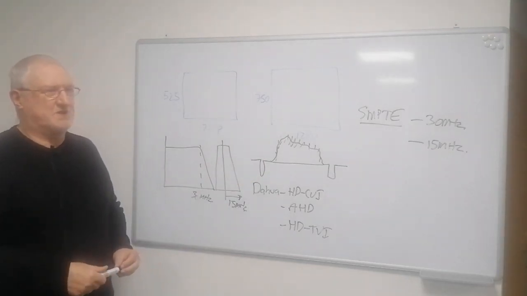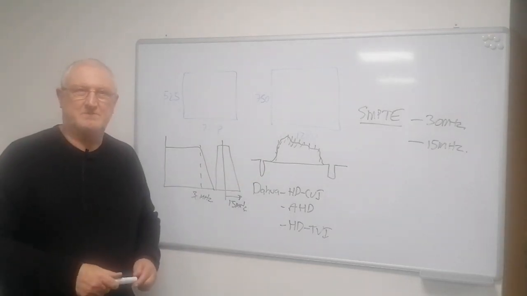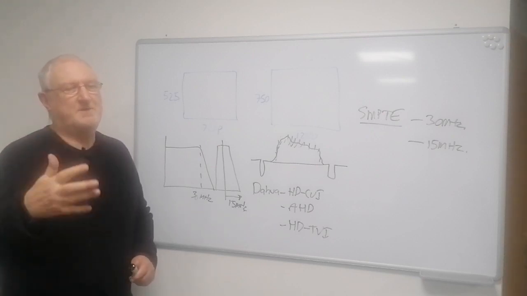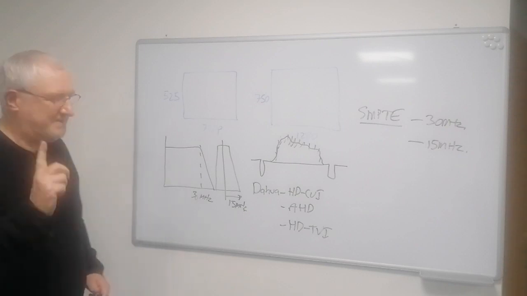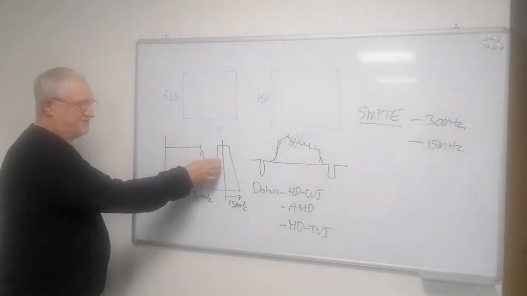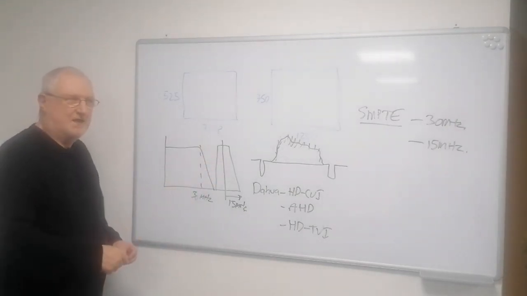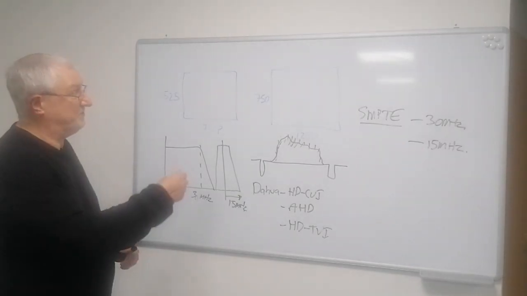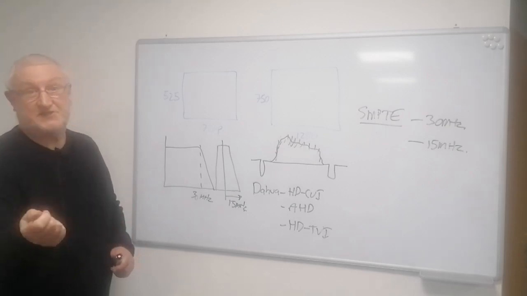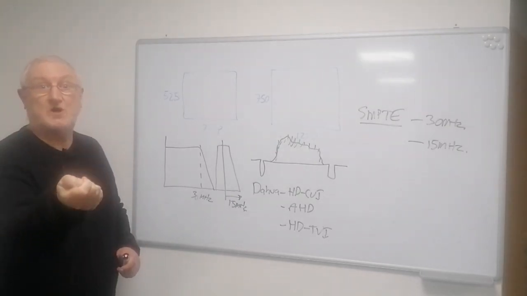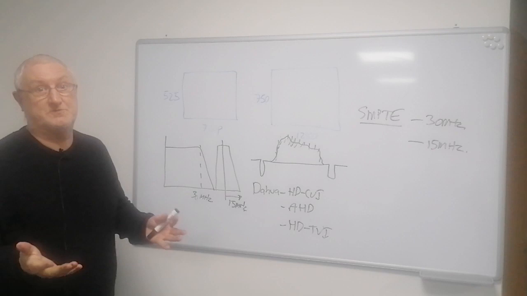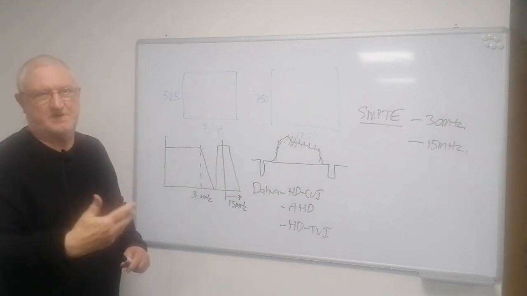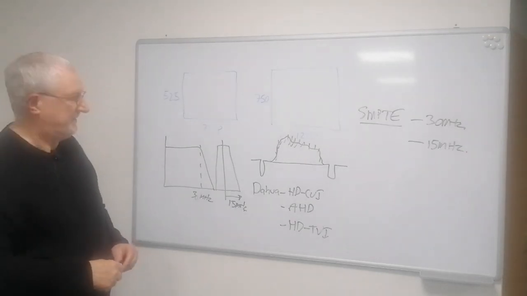So these signals look like the G signal of an RGB transmission or the Y signal of a YPbPr signal, except that you've got this chrominance signal sat on top of it. But if you have an old YPbPr monitor, you should be able to put AHD or whatever into the Y channel and you should see a picture, but you'll just have no color. You'll just have the black and white and you'll have all this patterning, which is the chrominance part of it, sat on top of that.